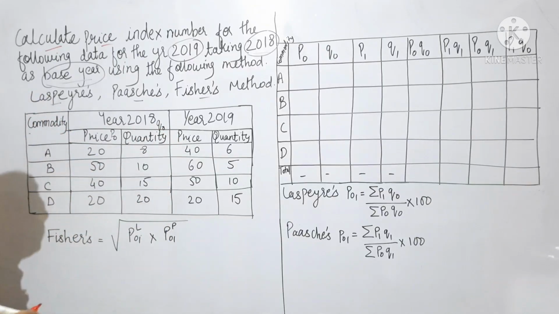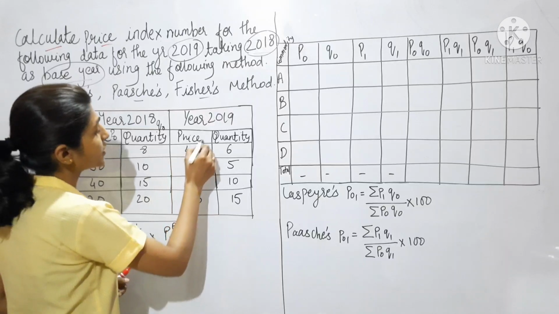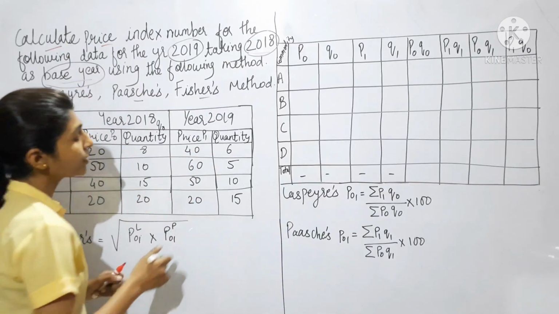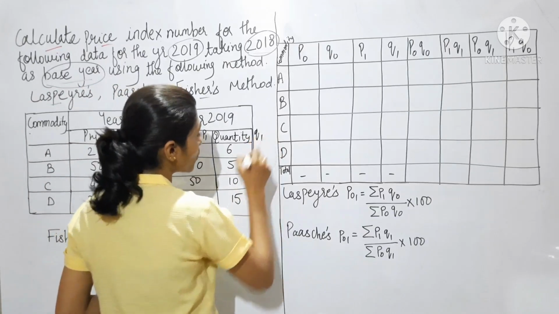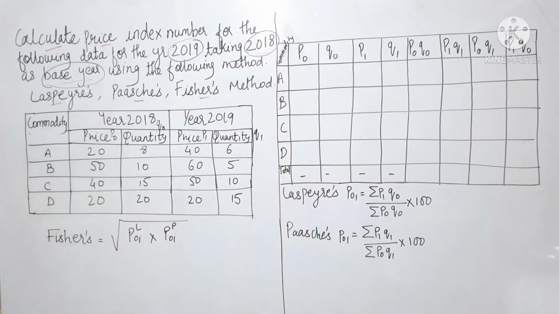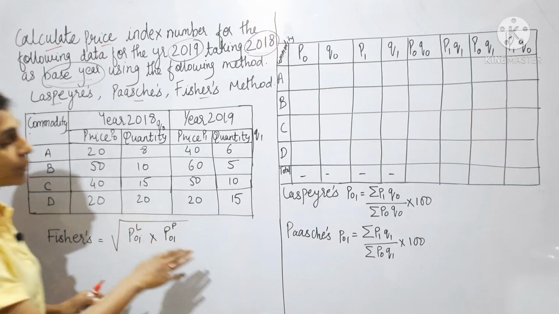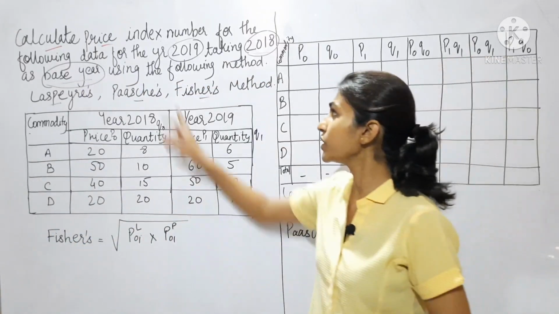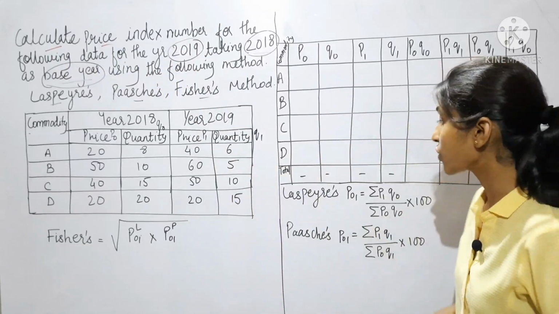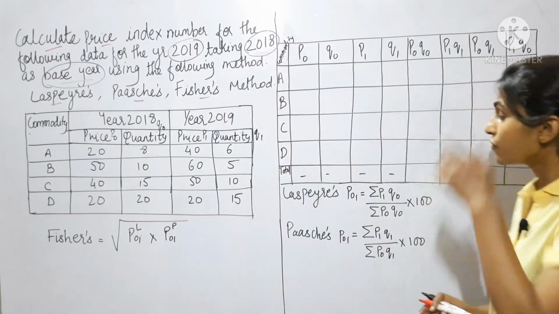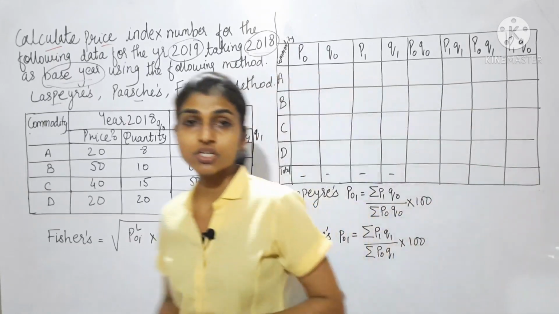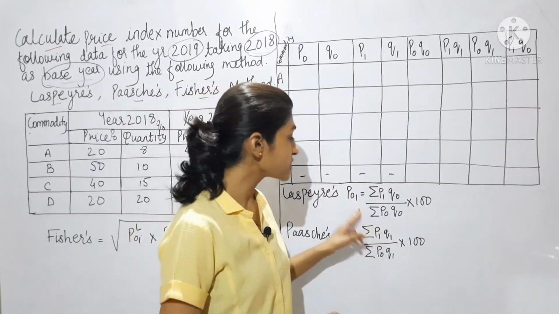Prices of 2019 will be denoted as P1 because it is the current year, and quantity will be denoted as Q1. So by using the three methods, Laspeyres, Paasche's and Fisher's, we are going to calculate the price index number.